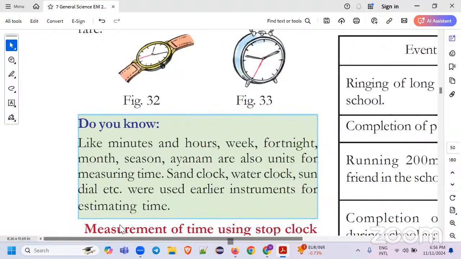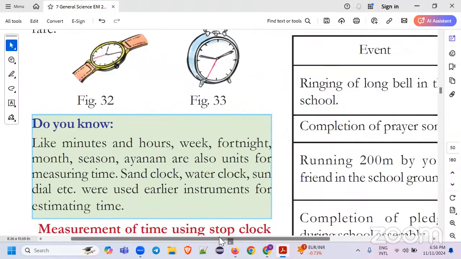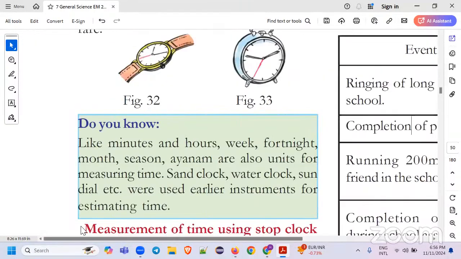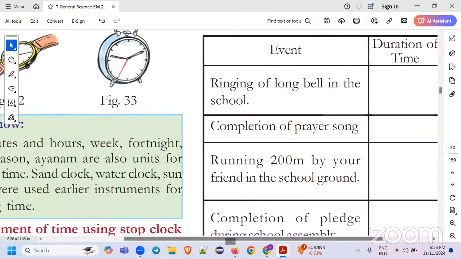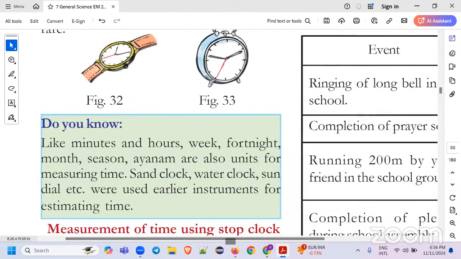Here, to measure time, the time is different in different zones on the earth. Now in India, time is around 6:40 or 6:56.